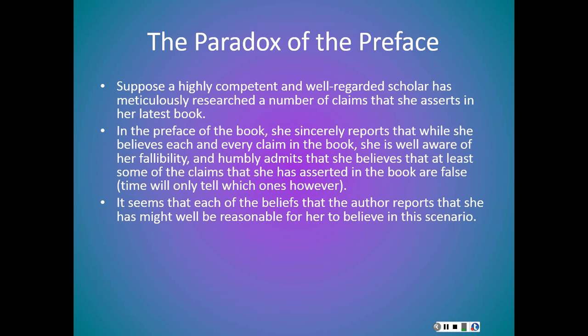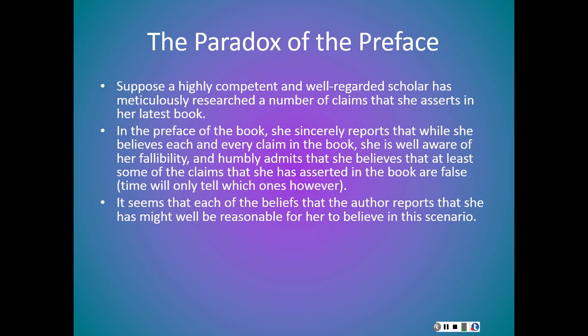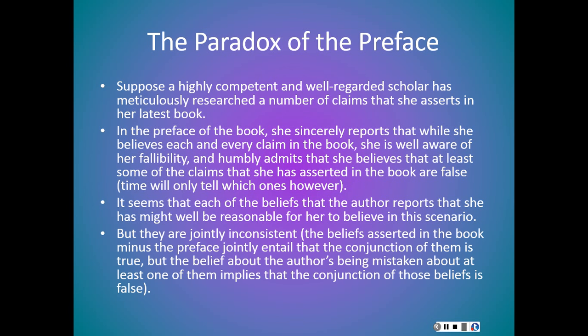Well, it seems that each of the beliefs that the author reports that she has might well be reasonable for her to believe in this scenario. It seems like it very well may be reasonable for her to hold each of the beliefs that she reports in the book, and also reasonable for her to believe that at least one of those beliefs is false. But these beliefs are jointly inconsistent with each other. The beliefs asserted in the book, minus what's asserted in the preface, jointly entail that the conjunction of those beliefs is true.